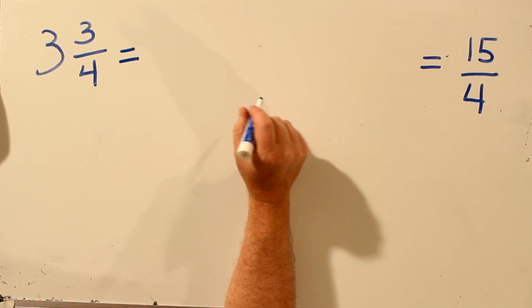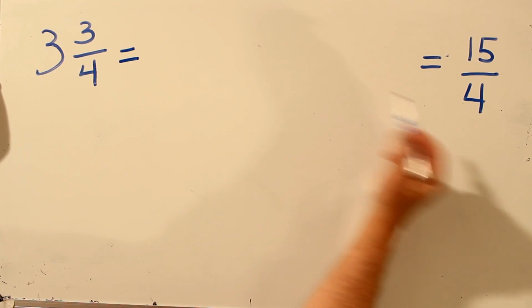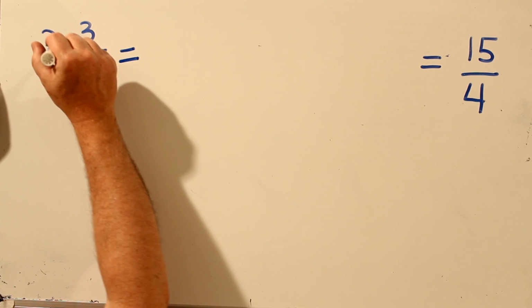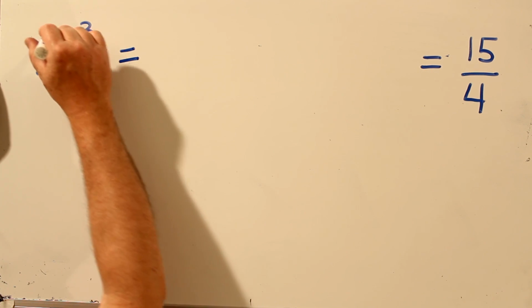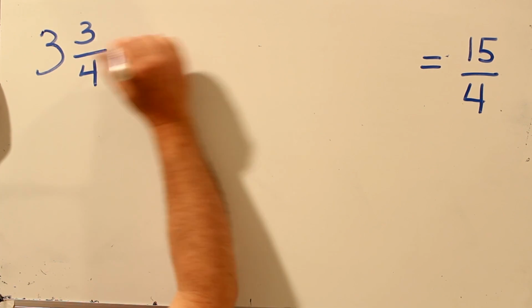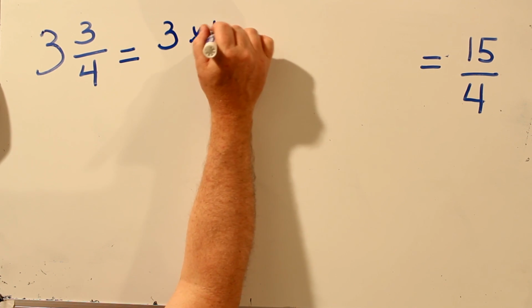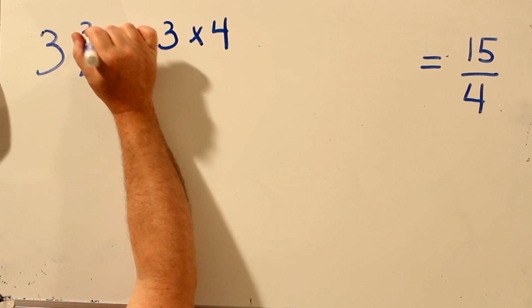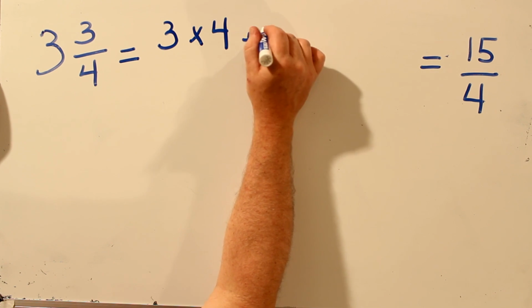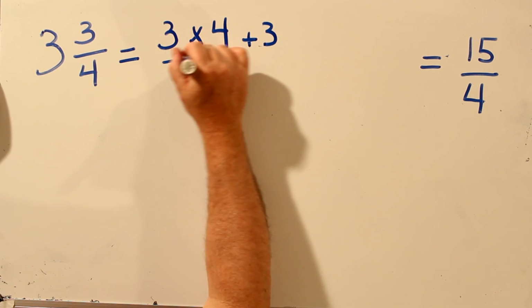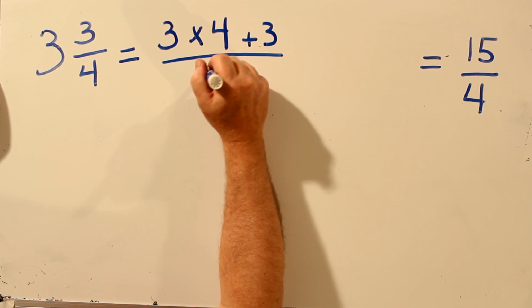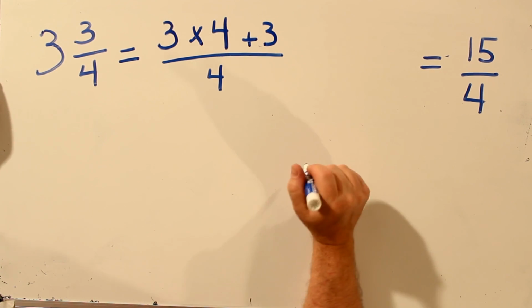All right, to convert a mixed number to an improper fraction, you take the whole number and multiply it by the bottom number. In this case, 3 times 4, and then add the top number, plus 3. Put it all over the bottom number.